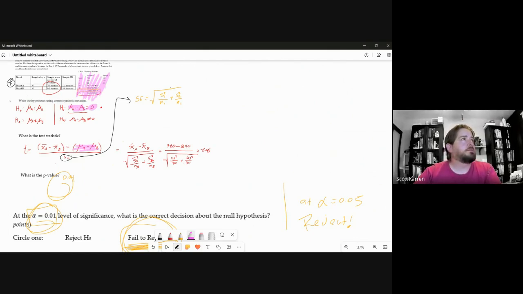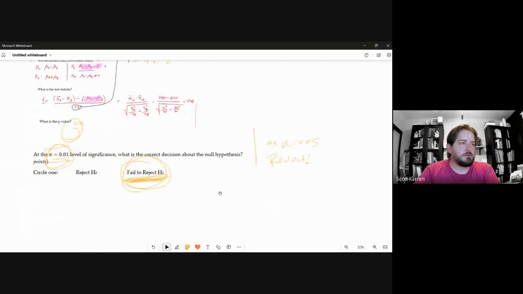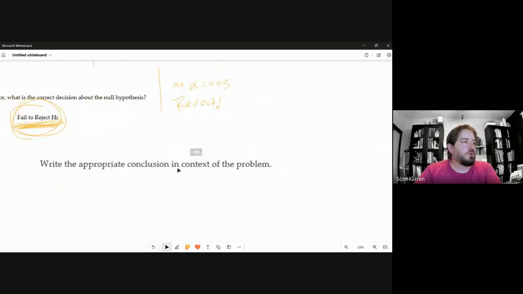And then the last little bit would simply be, oh my gosh, write the appropriate conclusion in the context of this problem.